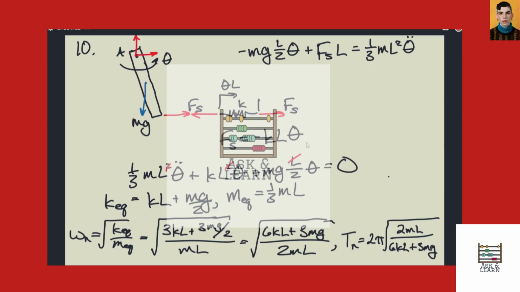So L very small, this goes away compared to this, and this gets very small, so this is going to blow up to infinity. So that makes sense. Now, if m gets very small, same thing. This is going to go away compared to this, and then this is going to get very small, and we're going to blow up to infinity.